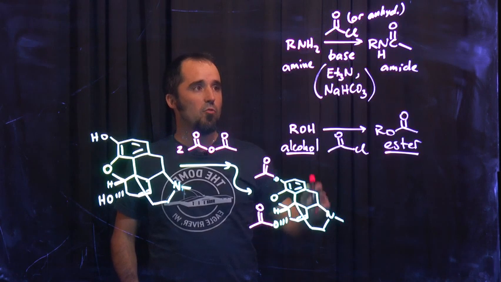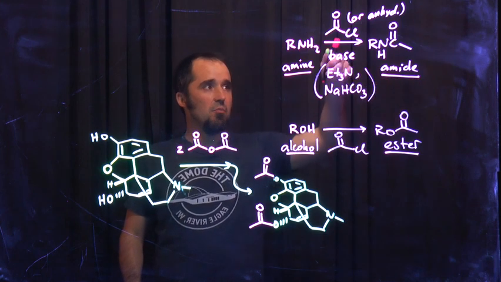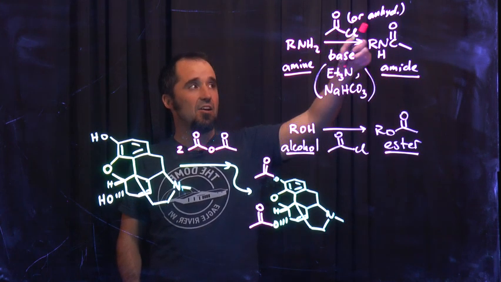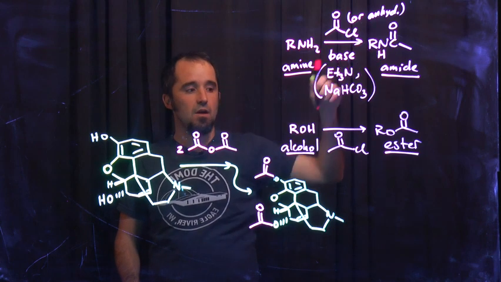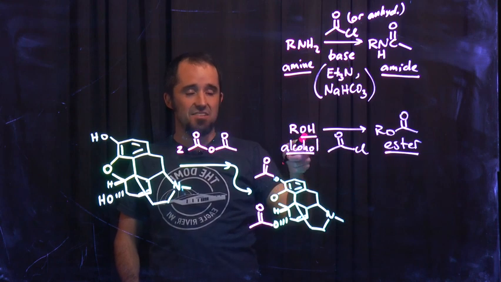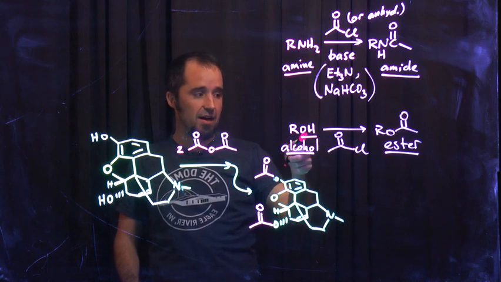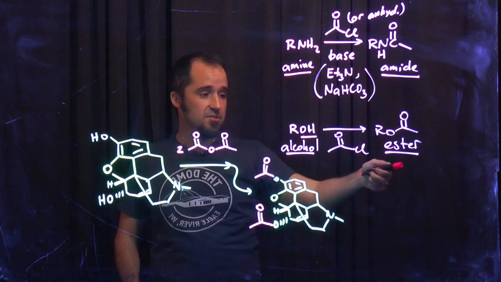Okay, so we just went over how I can turn an amine into an amide by using an acid chloride. I can also use an acid anhydride in exactly the same way. I could also take an alcohol and use an oxygen as a nucleophile to attack some acid chloride or anhydride to get an ester.